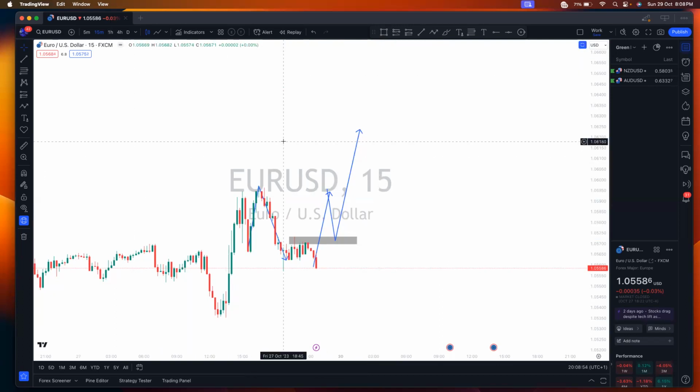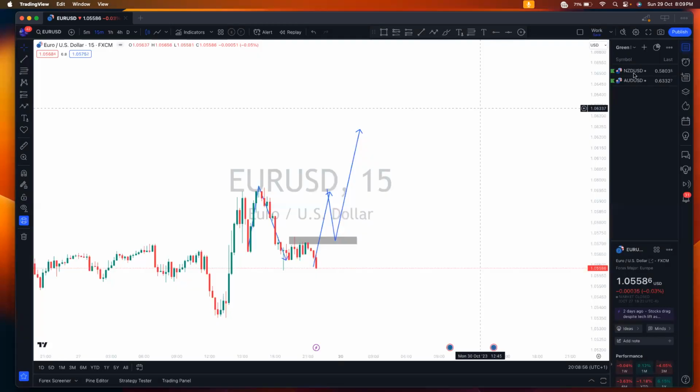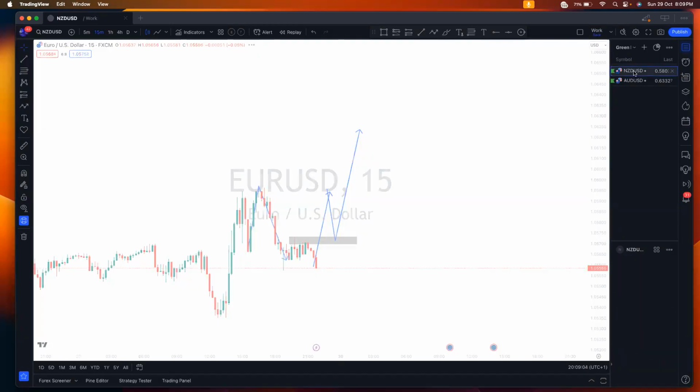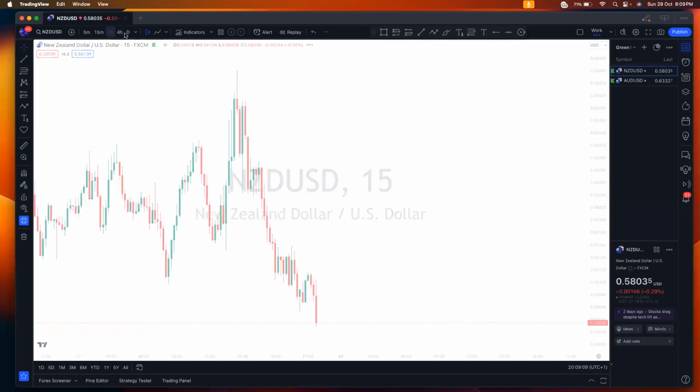So let's go to something like NZD USD, AUD USD. One second. Let's check NZD USD. I want to show you guys something. Let's go to the 4 hour time frame.